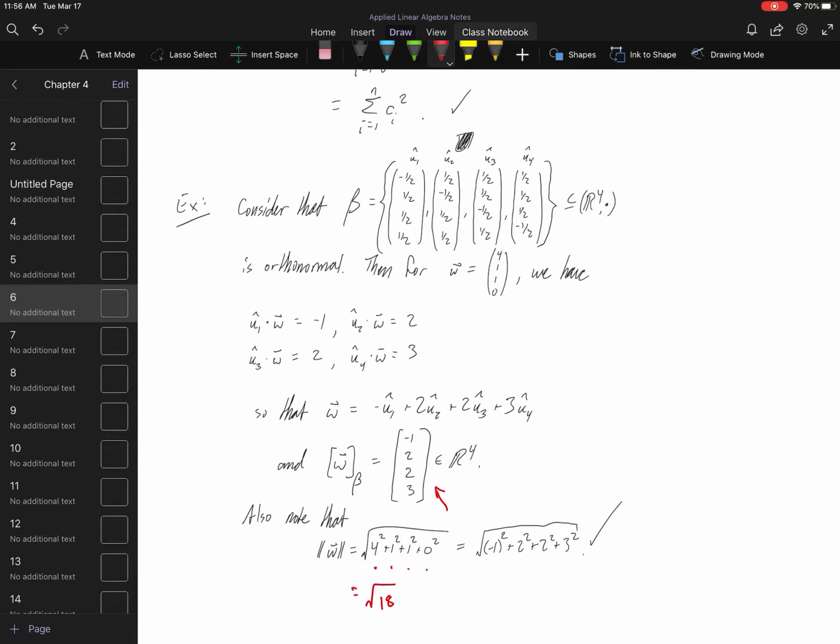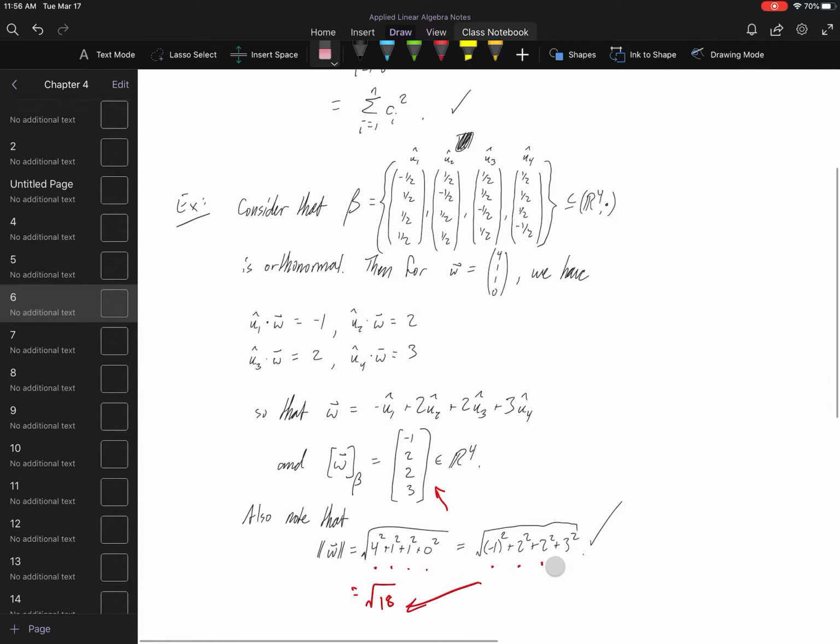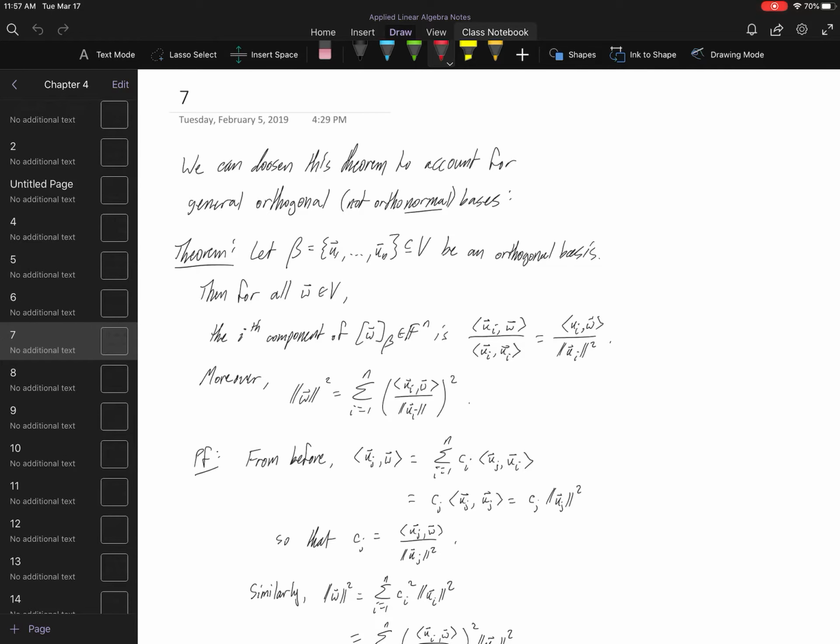But that's exactly the same thing as taking the norm of this coordinate vector in the standard R4 inner product space. -1 squared plus 2 squared plus 2 squared plus 3 squared is still going to give me a root 18. Okay, so we can use the weights to give ourselves the lengths of the vectors. And we can do that without solving an entire linear system, which is kind of a godsend for us from a practical standpoint.